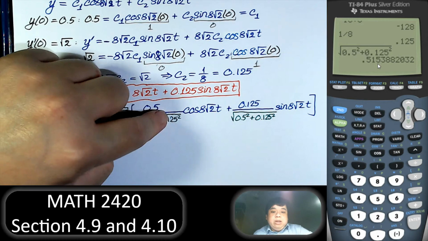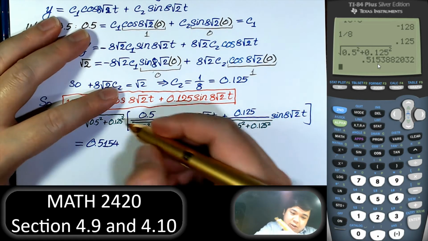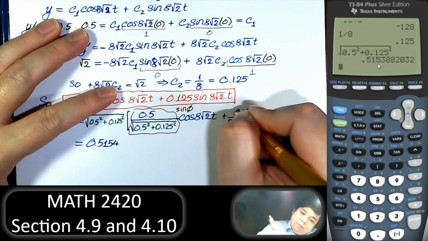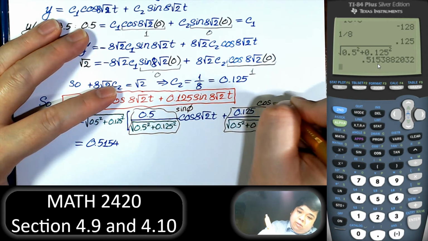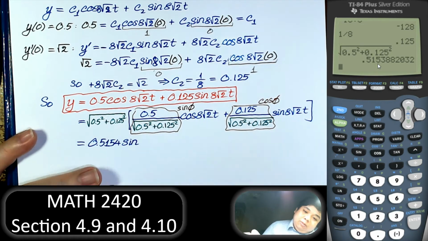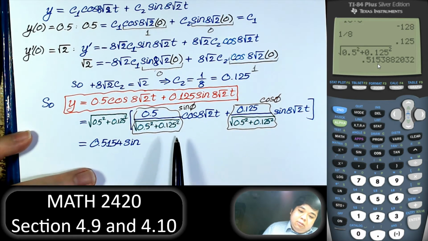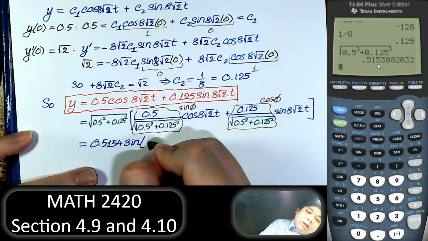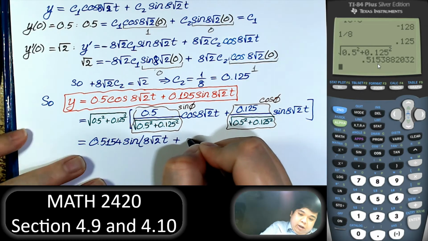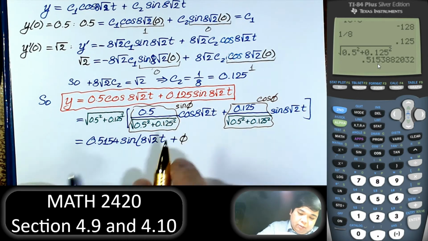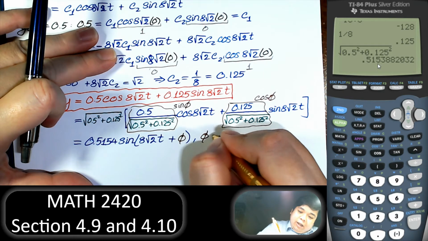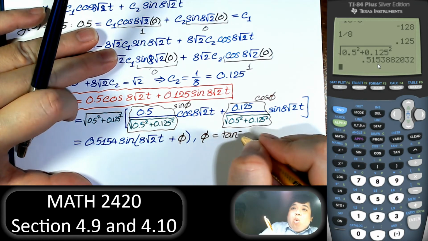And now we can let one of them be sine, one of them be cosine. So we can combine them together and we have the equation sine of 8 square root of 2t plus phi. And phi equals tangent inverse, because tangent is y over x, right?